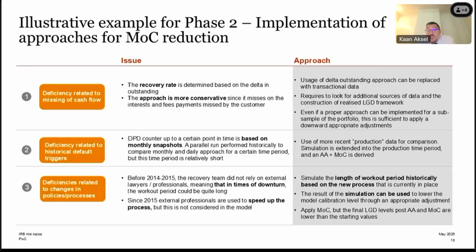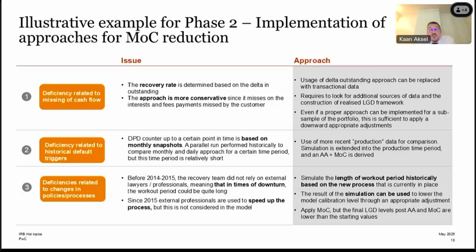The approaches might have been more conservative in the past, but might be adjusted, or some assumptions might be relaxed, which will lead to a certain better LGD estimate. Always a subsample of the portfolio, which was initially used for the implementation purposes, needs to be retested. And this is usually sufficient to apply a downward appropriate adjustment, basically.